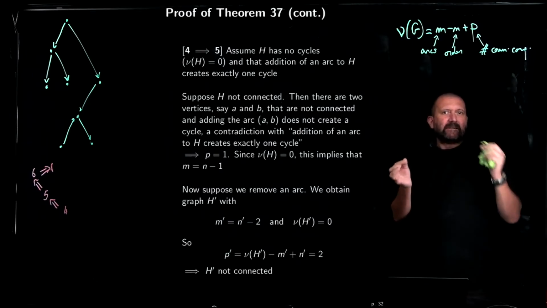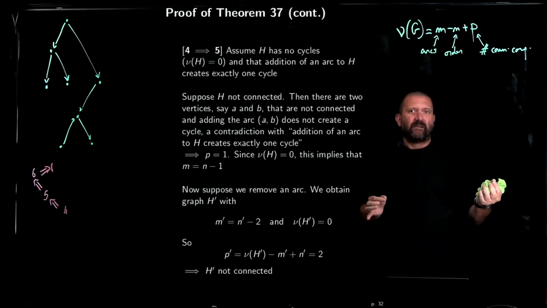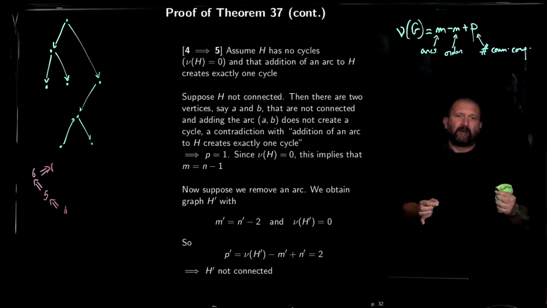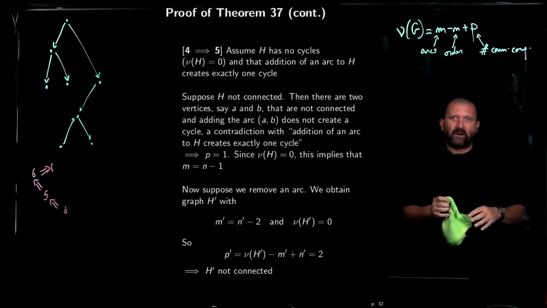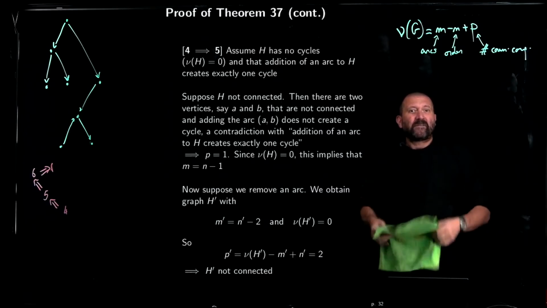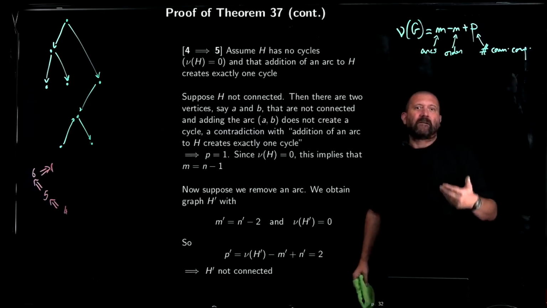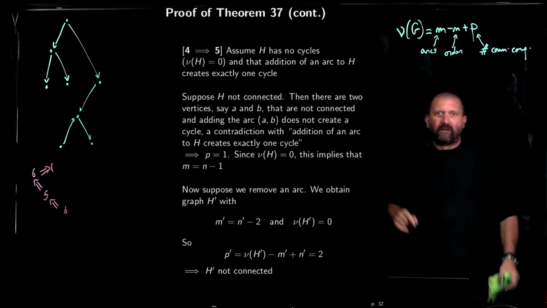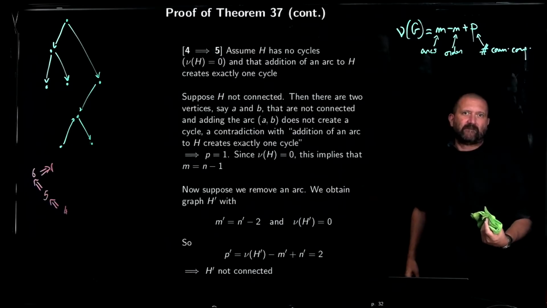And if I'm adding the arc from one of these vertices to another vertex, then this is not going to create a cycle, because A and B are not connected. So when I connect them, I'm not creating a cycle. But that contradicts the fact that if I add an arc, I create exactly 1 cycle, which is one of our assumptions. So because of this contradiction, it means the graph is connected.